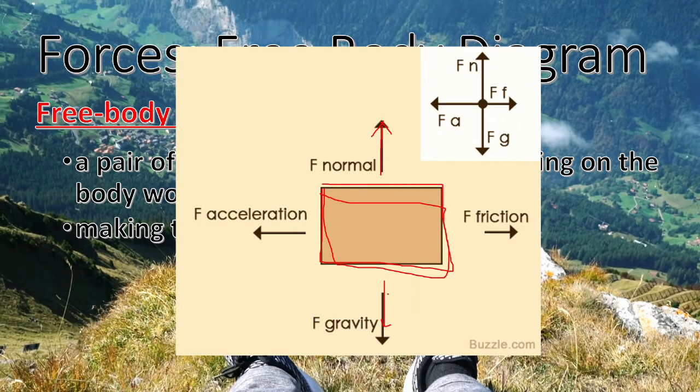Otherwise, if you're just standing on the earth, you would go down towards the core if there were no normal force, the one that is acting opposite to our weight. And the opposite for acceleration is friction.